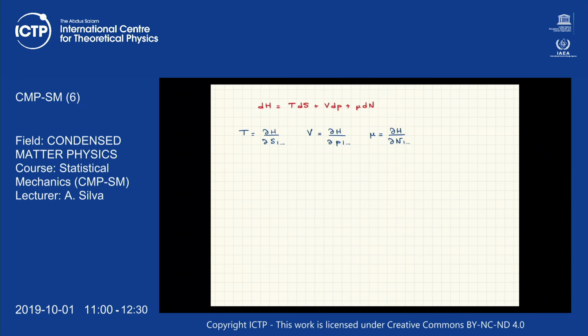Of course, as before, dH is going to be smaller or equal for a generic process than TdS plus VdP plus mu dN.